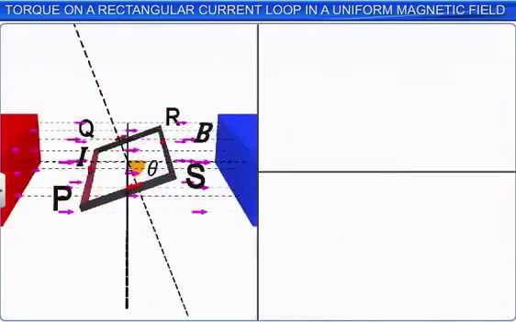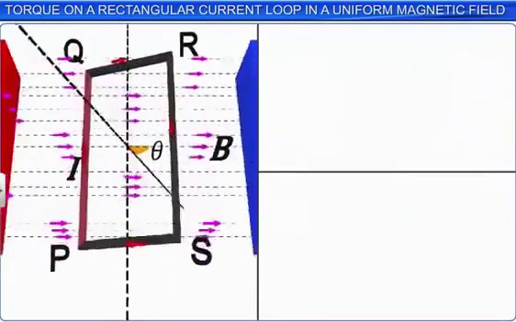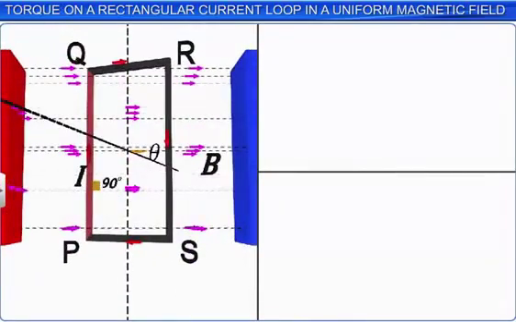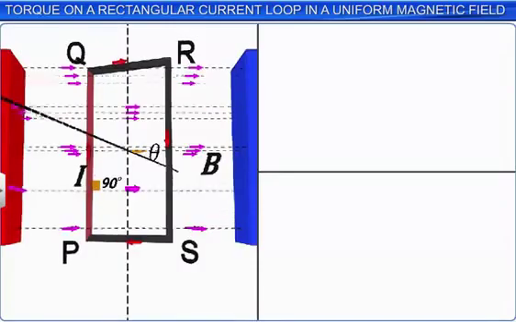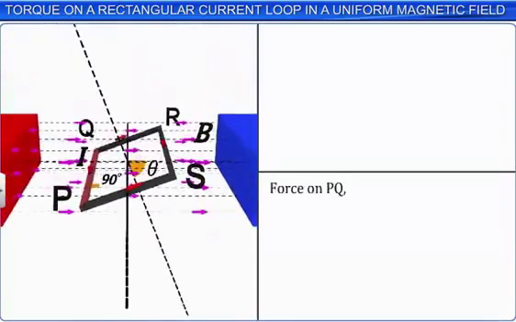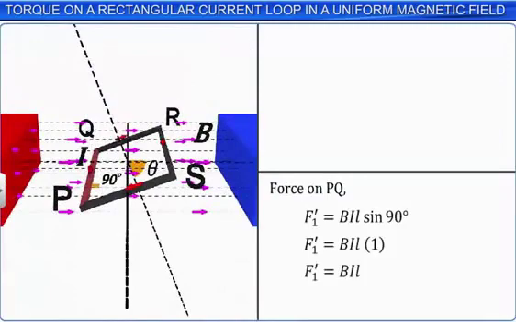Here too, the angle between the direction of current through PQ and the direction of magnetic field is 90 degrees. Hence, the force acting on the arm PQ of the rectangular loop due to the magnetic induction B is F1' is equal to BIL. Let this be equation 5.